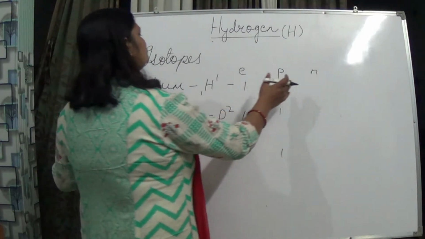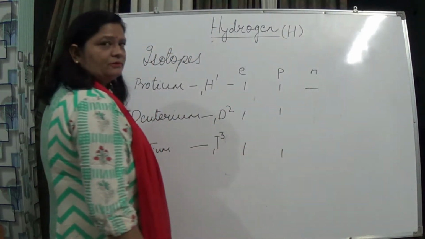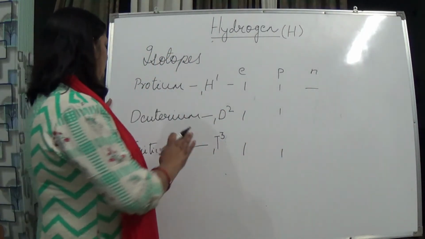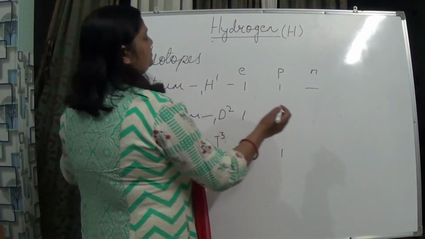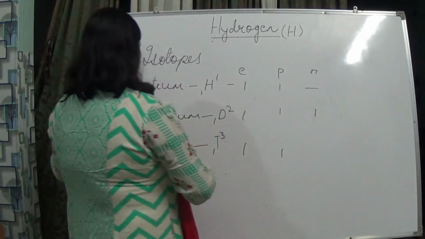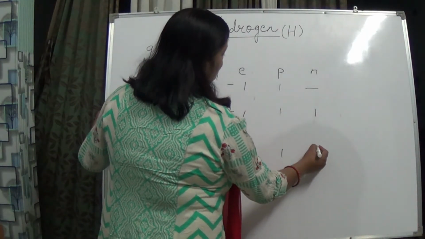Now what about the neutrons? In protium, neutron is not present, so neutron is absent. Deuterium has 1 neutron, and tritium has 2 neutrons.